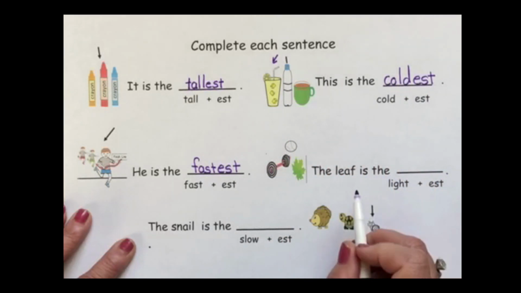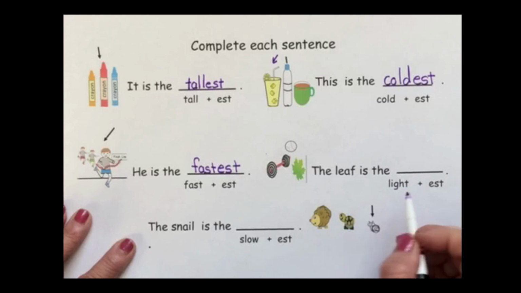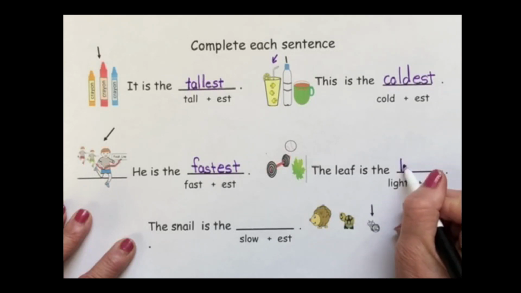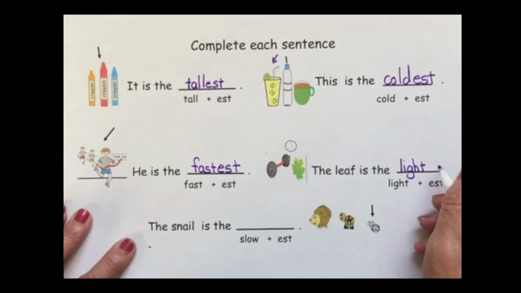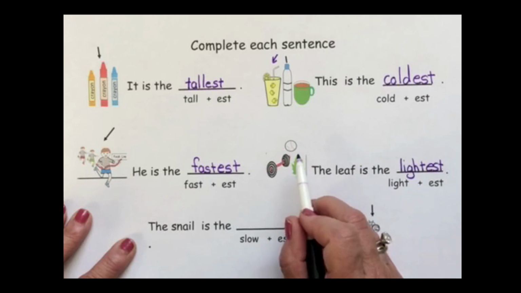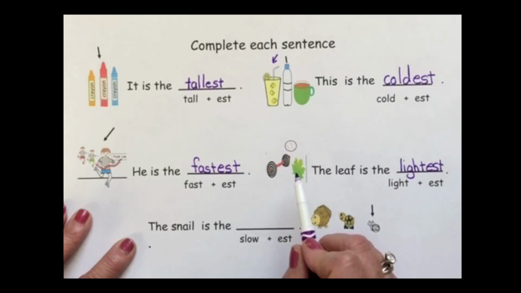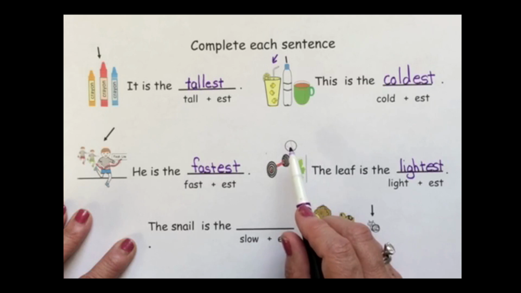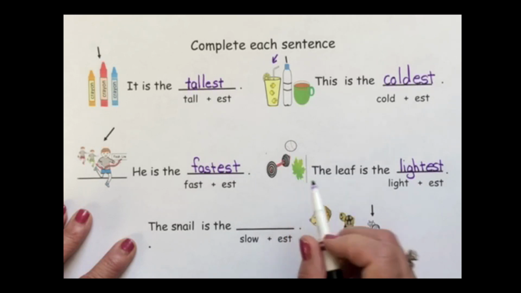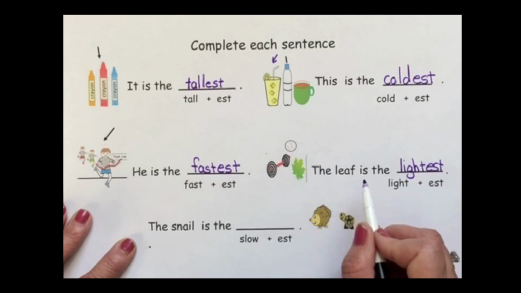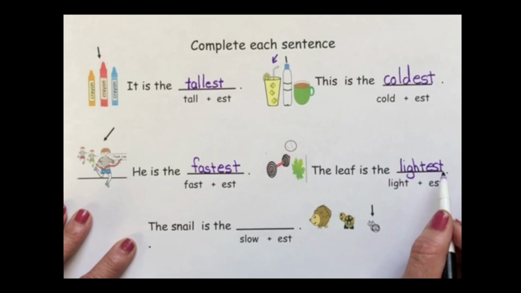Let's go down here, and we have root word light, suffix est, lightest. Which one would be the lightest to pick up? The leaf. The baseball would not be as light, and this one would not be as light. It's the lightest. The leaf is the lightest.